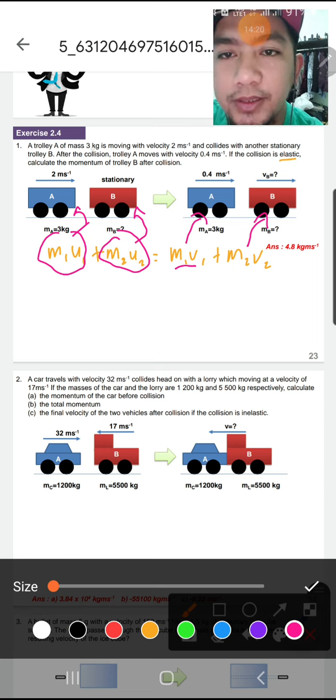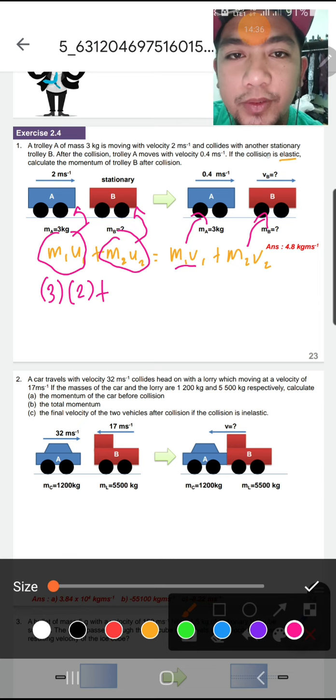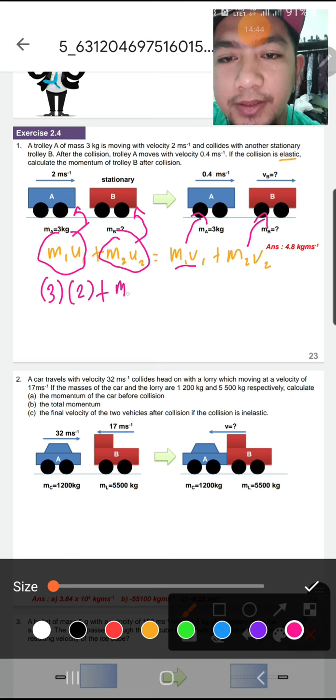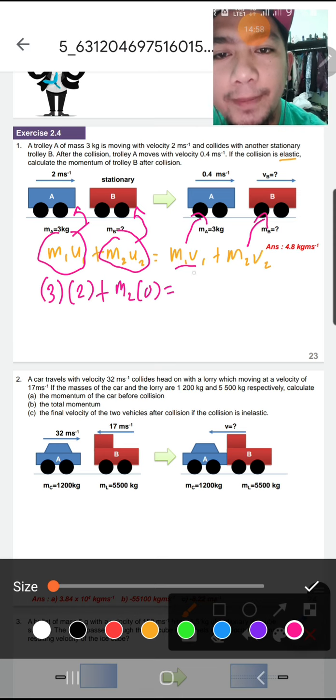Trolley A of mass 3 kg, so here is 3, initial velocity 2. Plus, trolley B is stationary. The question didn't give us the mass, but it gives the initial velocity, that is 0, because B is stationary.